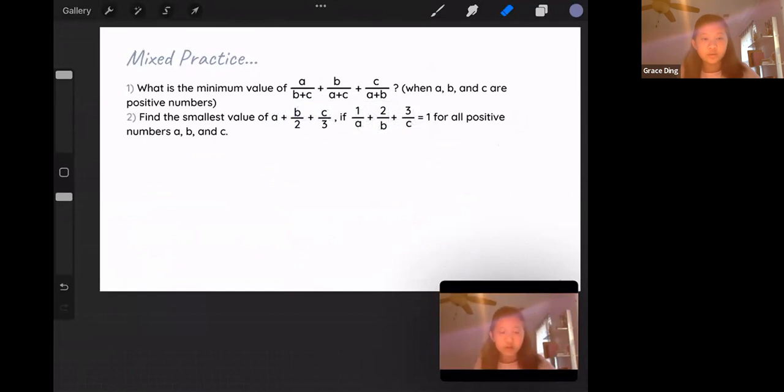Now I'm just going to do some mixed problems, and you can use AM, GM, HM, or Cauchy-Schwarz for all of them. I'll give you a few minutes to do these first two problems.